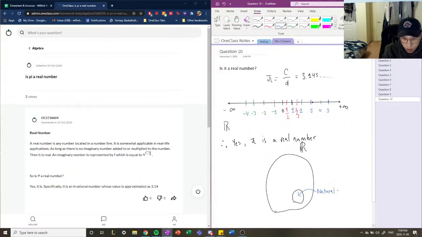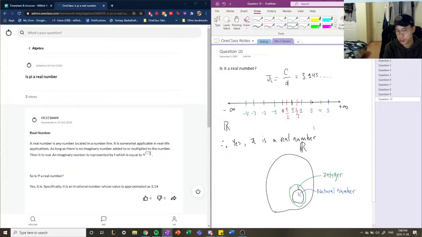All natural numbers are real numbers, but not all real numbers are natural numbers. Then a slightly bigger circle encapsulating the natural number circle is the integers, all the negative and positive numbers. All natural numbers are integers, but not all integers are natural numbers.